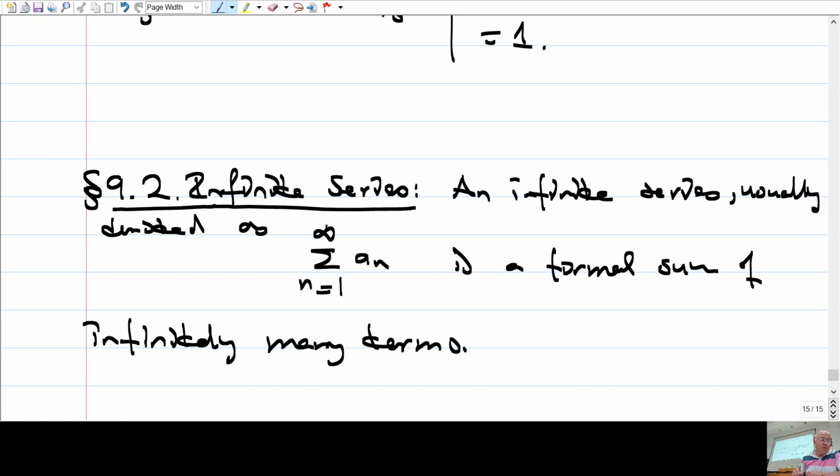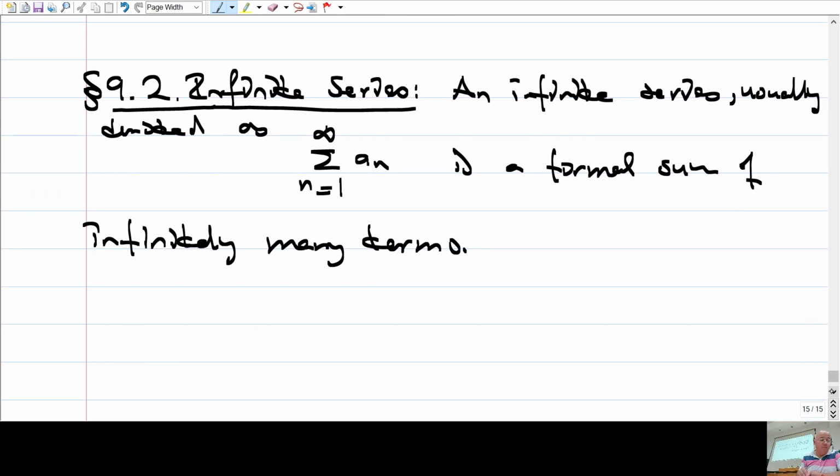This means a1 plus a2 plus a3 plus, and so on. So it's a formal sum, meaning that this sum doesn't have to be equal to a real number or anything. It's just a sum of numbers.